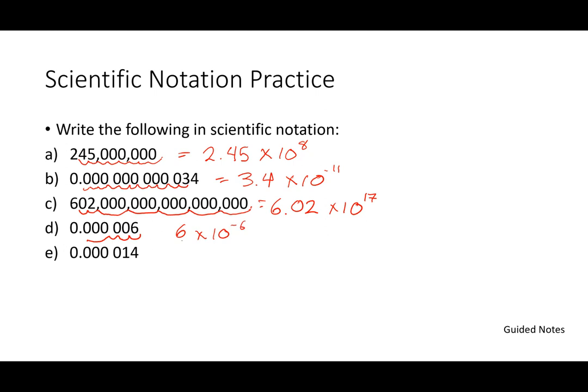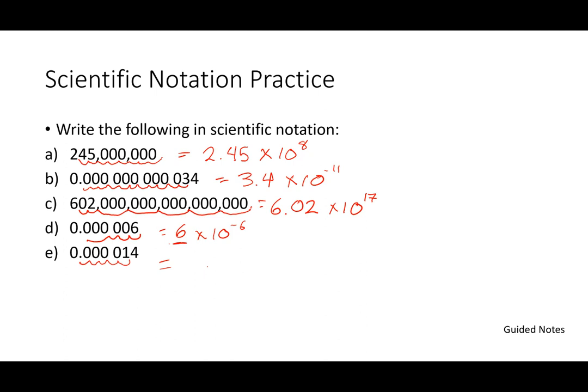Okay, remember that this has to be in the ones place to begin with. That's just standard notation. And lastly, let's look at E. This is also a small-ish number. We have the decimal here. We need to move it 1, 2, 3, 4, 5.